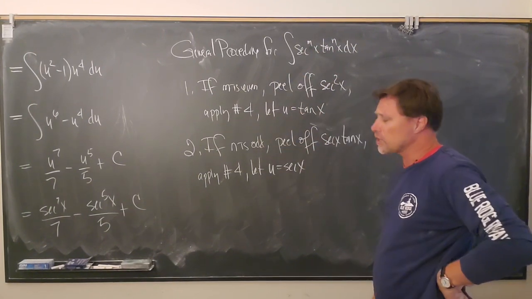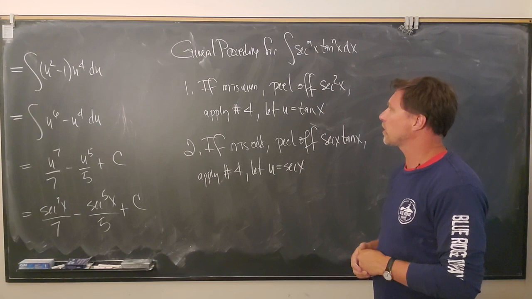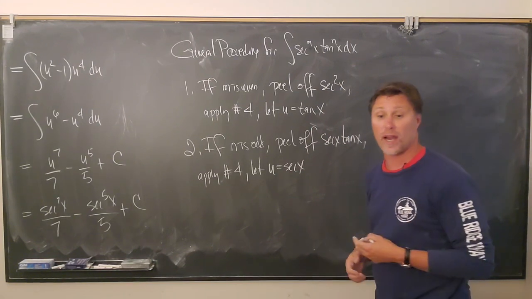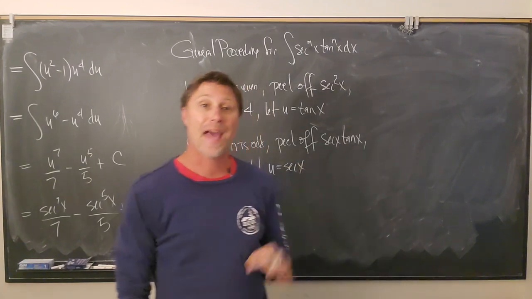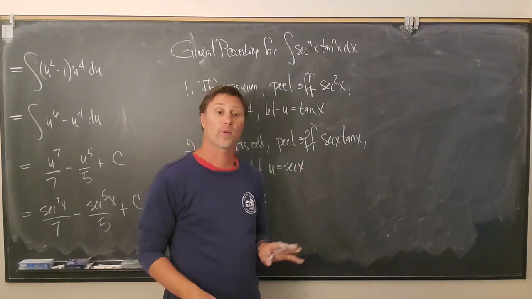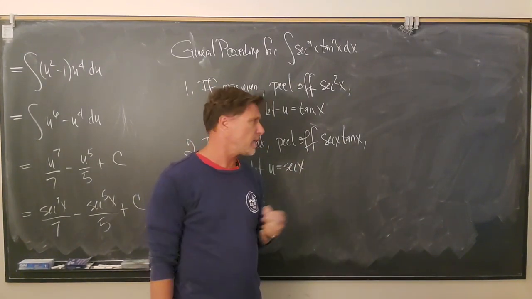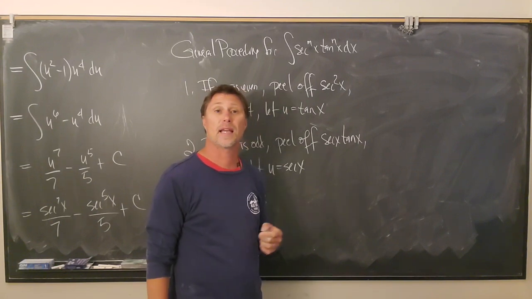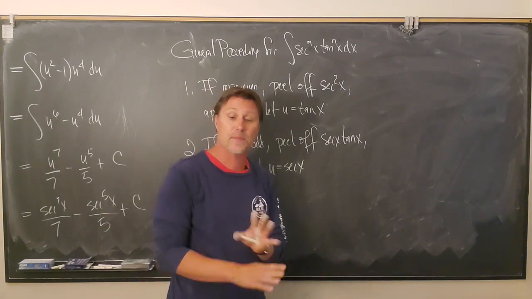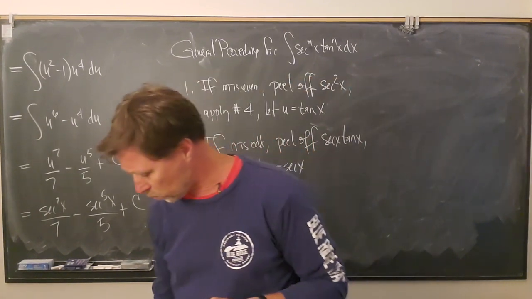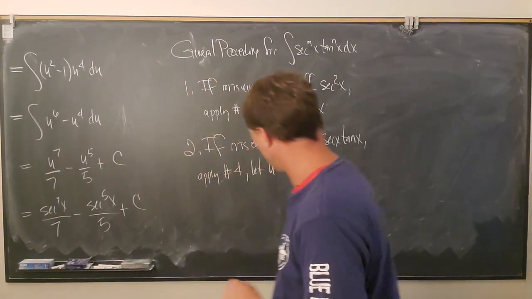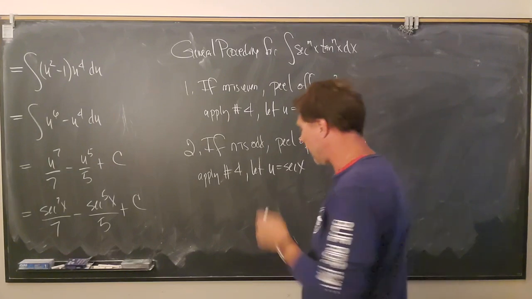And so there are situations that are not going to fall under our general procedure. In that case, you just have to try something. One piece of advice, when in doubt, when it doesn't fall under one of our general procedures, a good idea is to convert everything to sines and cosines. A lot of times things will collapse and give you an easy integral. That doesn't always work, but that's at least one approach that you might take.